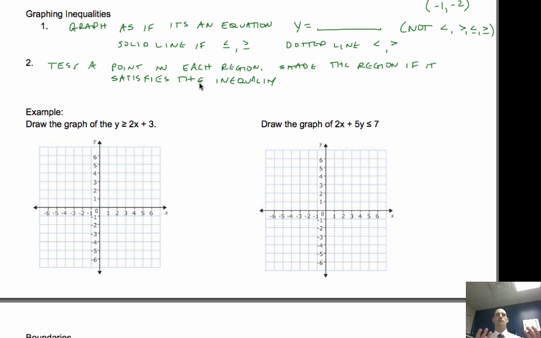Okay, so after we get done graphing, we're going to define these regions, and we're going to test a point in each region to see if it satisfies it. So here we go. Draw the graph of y is greater than or equal to 2x plus 3.